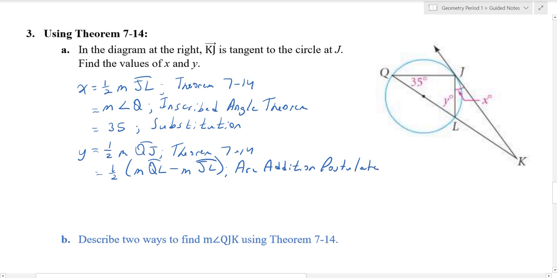Okay, then we go ahead and substitute. So we have 1/2 of 180 minus 70. That is by substitution.